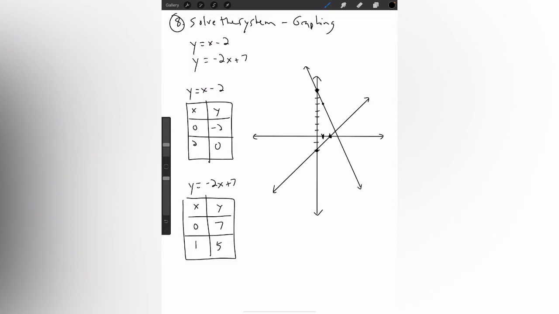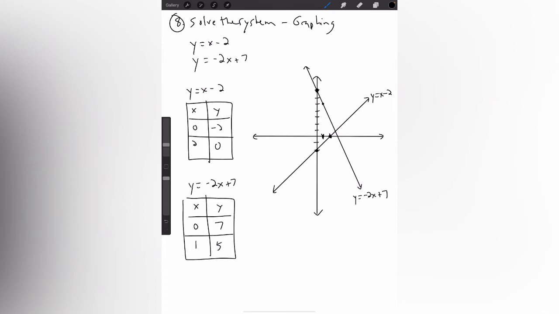Okay? So I have these two lines. The reason why I redrew that is because I'm not perfect when I draw lines, and you'll see why it's easier to use your graphing calculator. But in this case, you have these two lines. The first one that I drew was y equals x minus 2. And the second one I drew was y equals negative 2x plus 7. Okay? And I drew them by just creating my table of values.